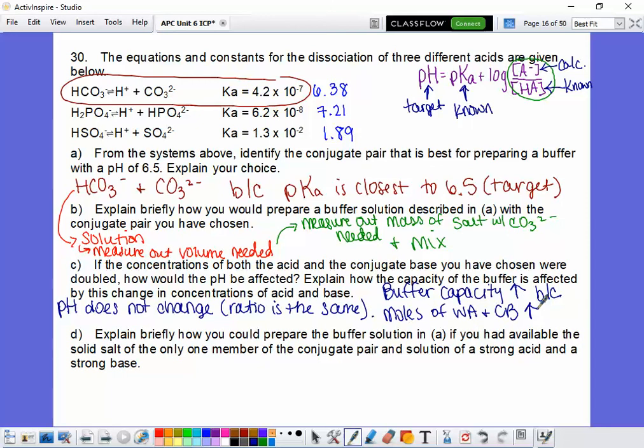Is it possible to make a buffer from only one component? What do you think? Why not?